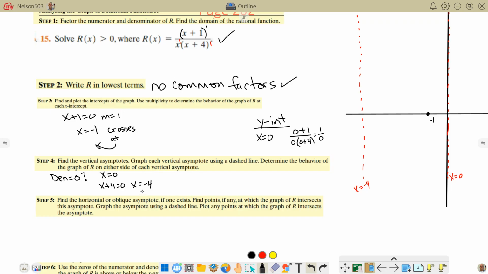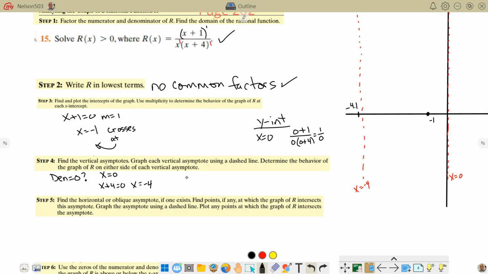Okay, so let's see. Find the vertical asymptote, graph each vertical. Oh, we're determining the behavior, right? I'm trying to figure out an easy way to determine the behavior here. I'm not feeling like there is a super easy way. So I'm just going to take a value of negative 4.1 because that's to the left of the negative 4. And if I can figure out which way the arrow is going, I think I'm going to be home free, okay?